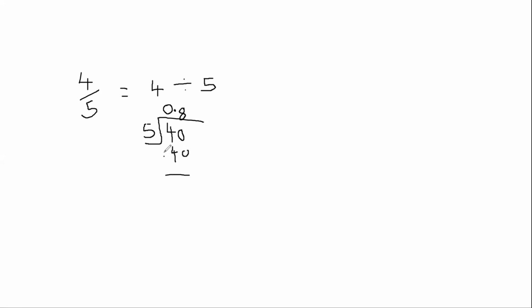Take away, of course, we don't have any remainder. We have 0 there. So 4/5 written as a decimal, the answer is 0.8. I hope you got that. So that is the answer.